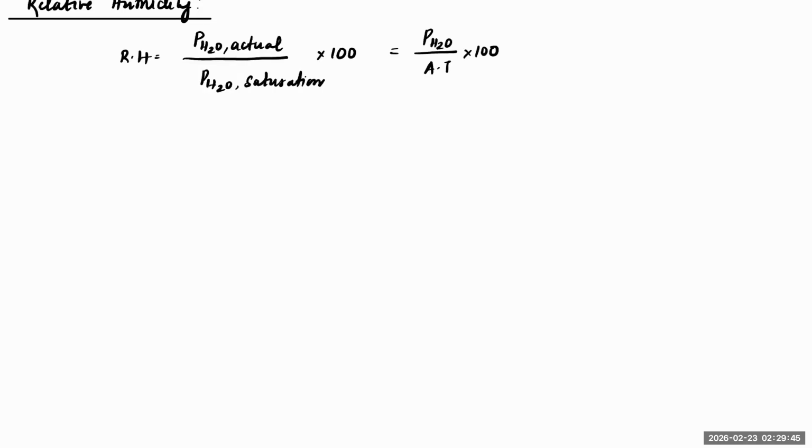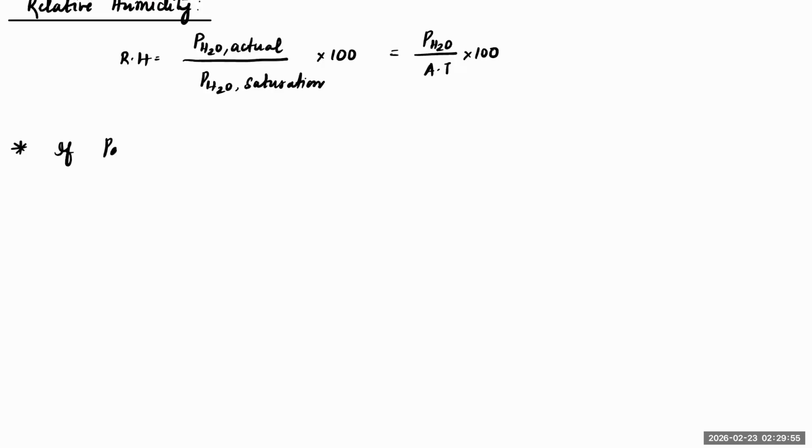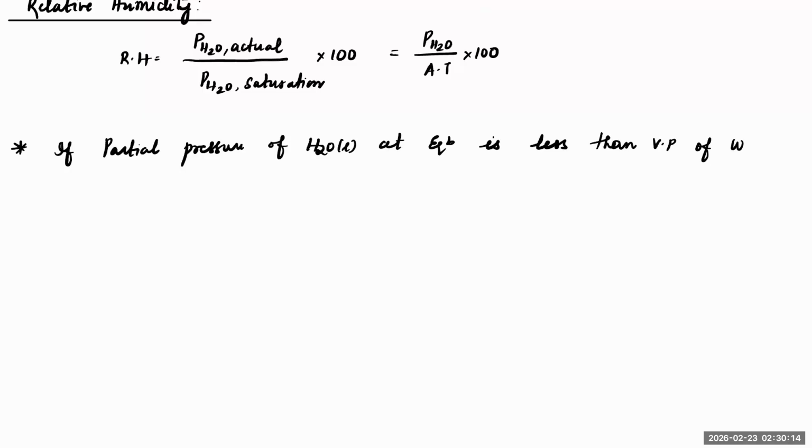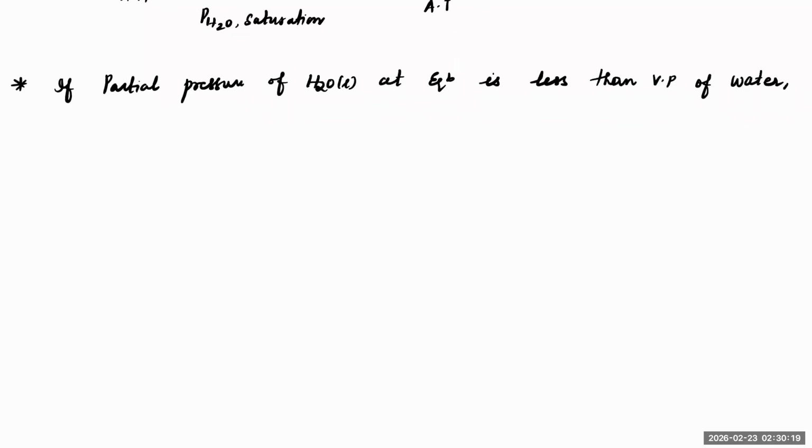Got it? Now, there are 3 points. I will write it down here as well. So learn it properly. See, if the partial pressure of water at equilibrium is less than the vapor pressure of water, clear?